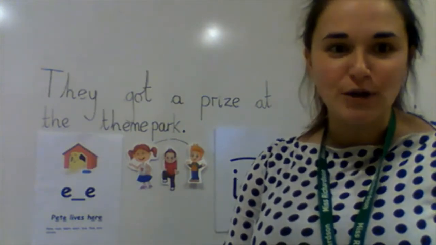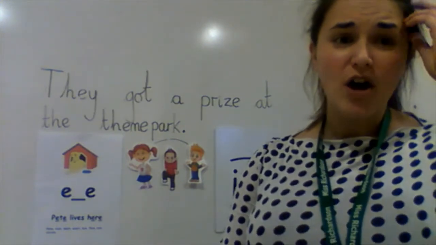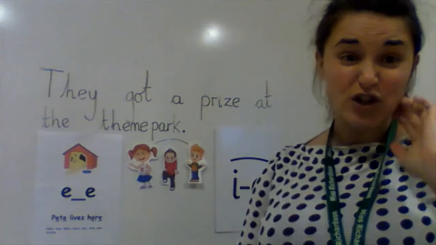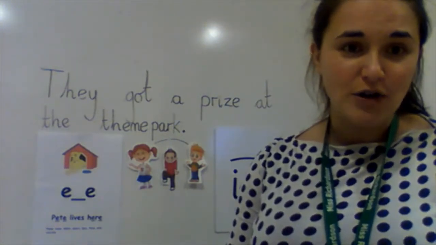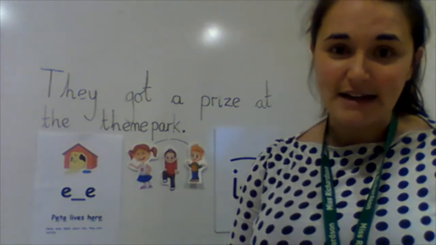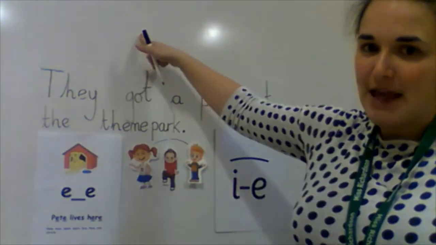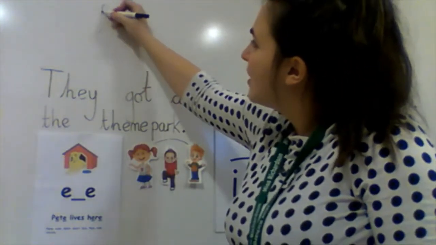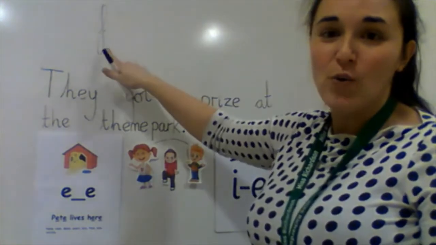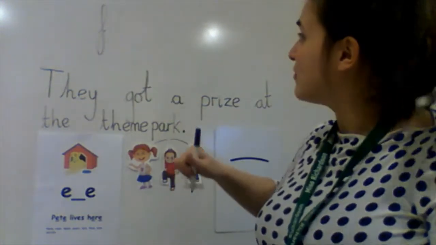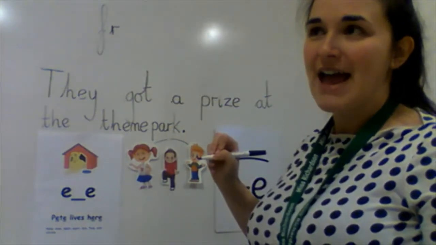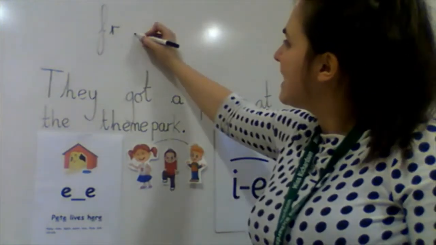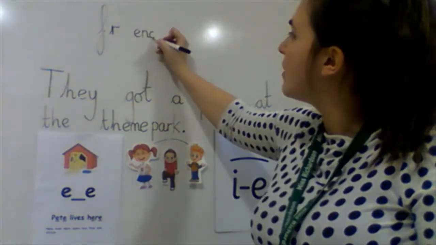Let's have a look at some tricky words now. Words that you can't sound out, you just have to learn them. The tricky word I want to learn today is friend. And I'm going to put it up here so you can see it. Oh, it goes up to the sky and down to the ground. End. I can hear that part in the word.